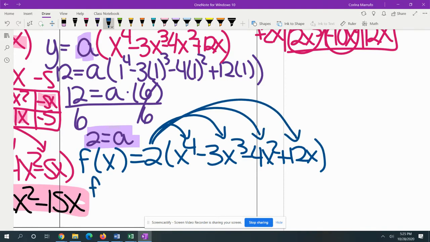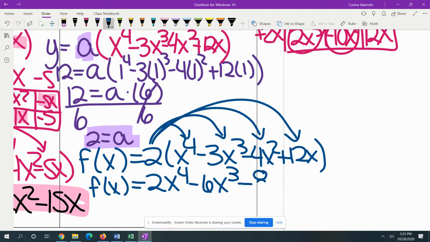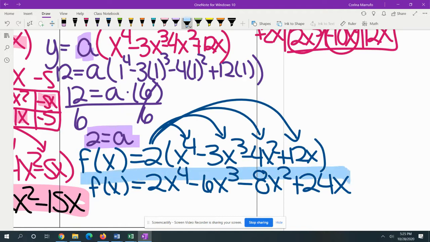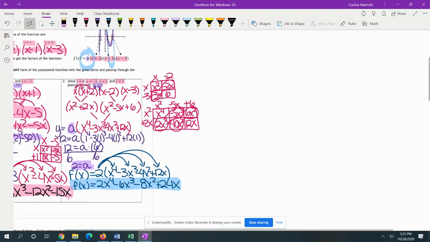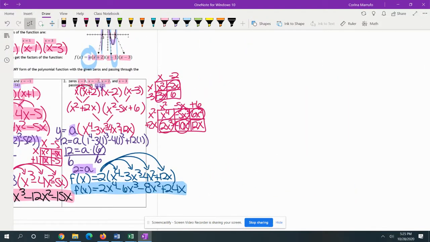So 2 times the first one gives me 2x to the 4th. 2 times negative 3, negative 6x cubed. 2 times negative 4, negative 8x squared, and then 2 times 12 gives me 24x. And that would be my equation that has all of those zeros, and it crosses through that given point. Okay? So remember, it's just 3 steps. We multiply, we plug in and solve for a, and then our last step is to distribute a to each one in that function.